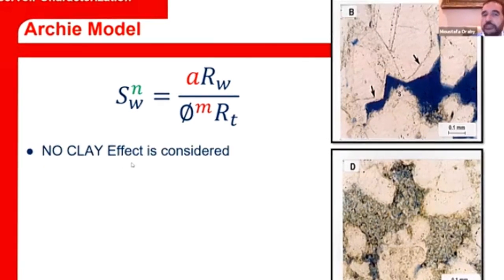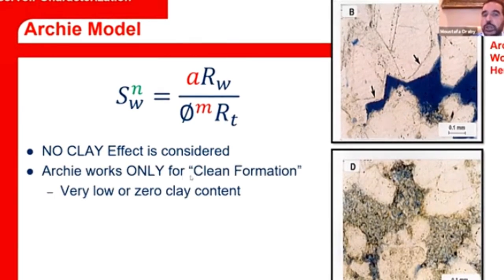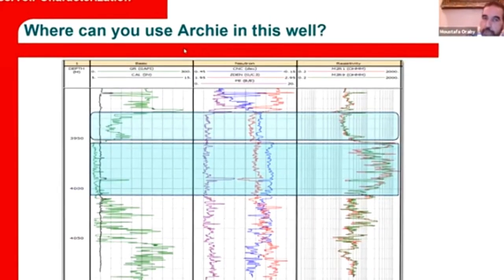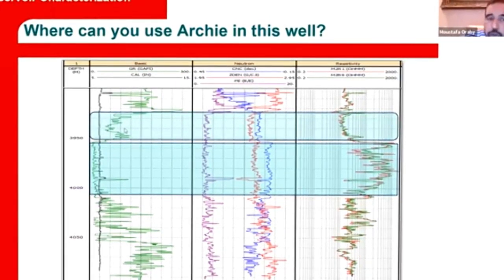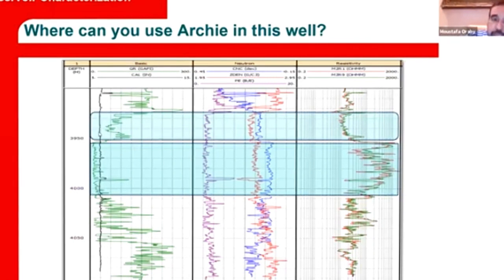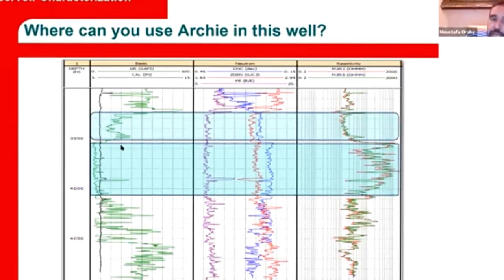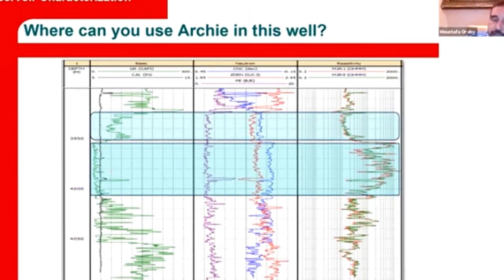So no clay effect is considered, and Archie works only for clean formation, very low to zero clay content. Now, if you have this law, and I told you here are two zones. There is a first zone up here, it has some clay components in there. And this one has very low gamma ray, so it doesn't have much clay. Now, if I ask you a question, where to apply Archie?